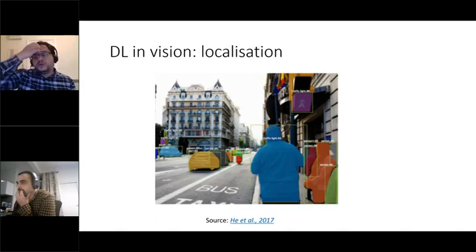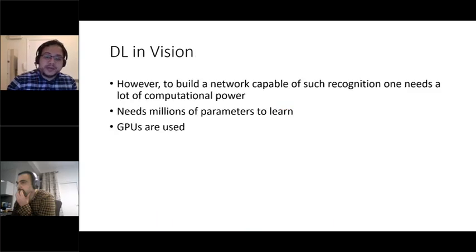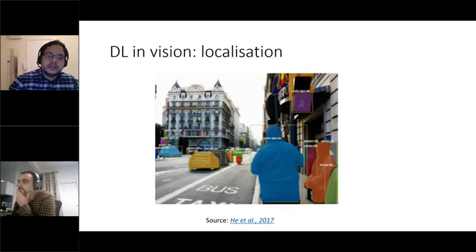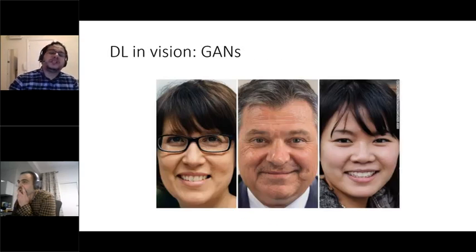What I wanted was just to show the capabilities. We are going to see everything in detail. These are capabilities like recognizing a cat, learning different aspects of an image, decomposing it, localization, generating. We are going to see how the architectures are, but we need a lot of processing power for models that can generate faces.